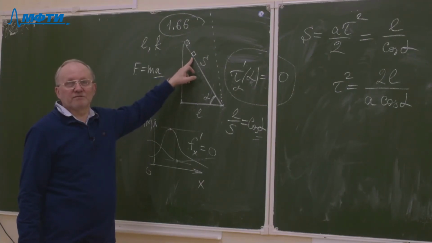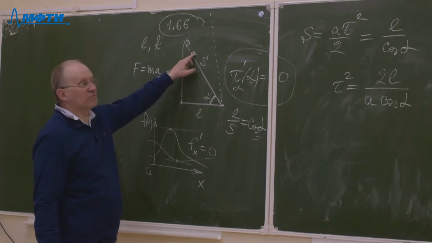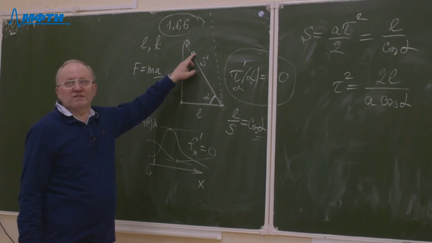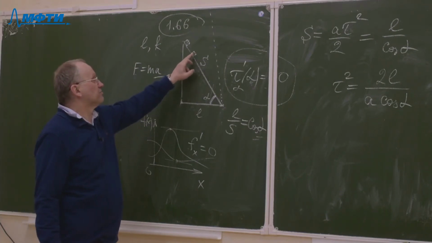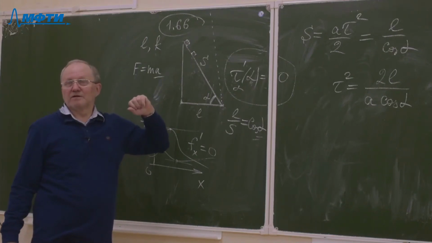What is a force? Force is a measure of interaction between two bodies. So in order to find all forces acting on the body, we have to find all the interactions of this body with the surrounding universe.